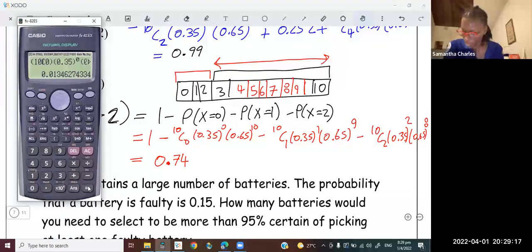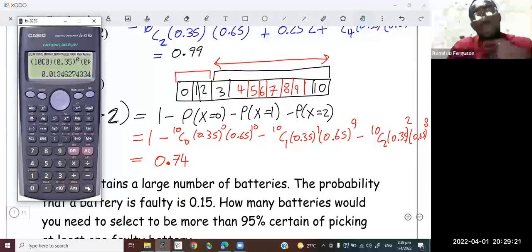The first one is 4.711. It can't be 4.711. Probability is going to be between 0 and 1.